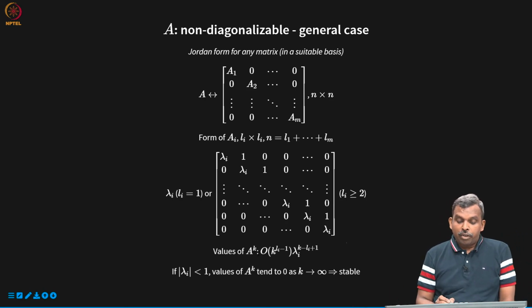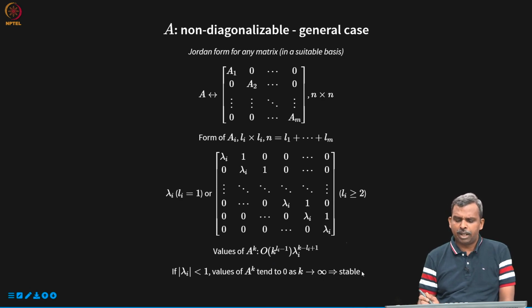So the non-zero values of A power k will always be of the form k power Li minus 1 times lambda i power k minus Li plus 1. We see that if the absolute value of lambda i is less than 1, these values will tend to 0 ultimately as k tends to infinity. So you will have stability.